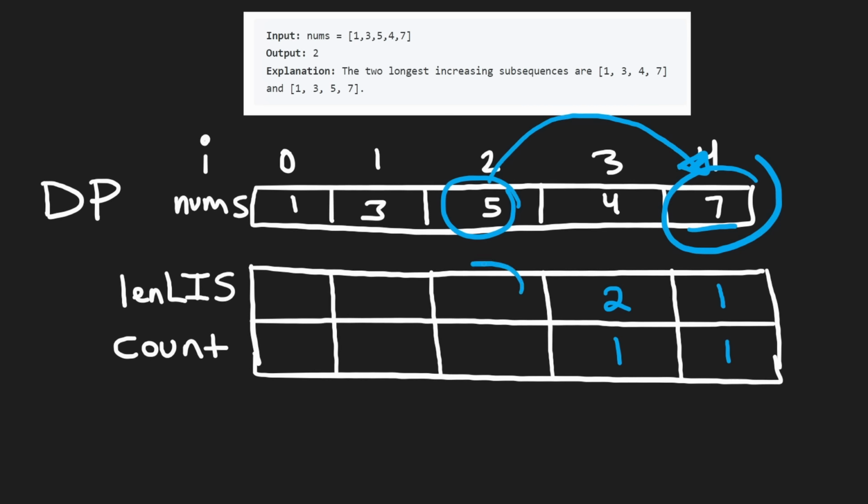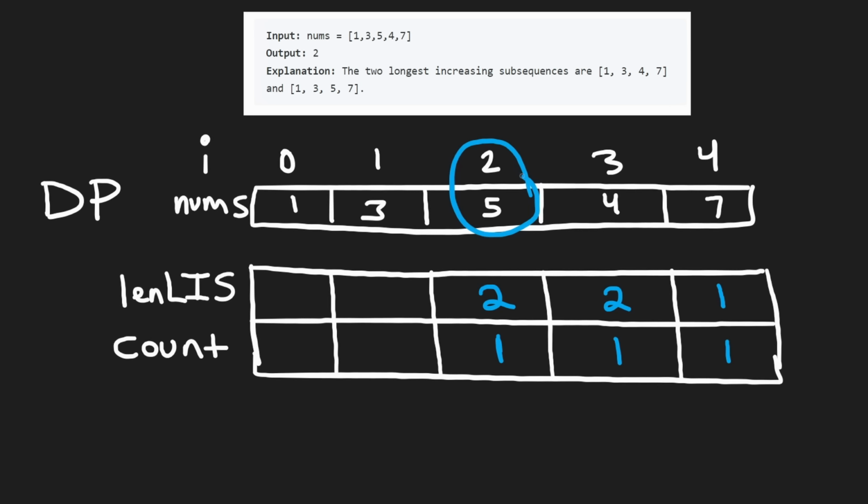So what we're going to put here for the length of the LIS is going to be 1 from 5 plus the LIS that starts at index 4, which we already calculated as 1. And how many were there? There were exactly 1. So what we're going to put here is going to be 1 plus 1, which is 2, and 1 here, because there's one LIS of length 2 that we can create if we create this subsequence.